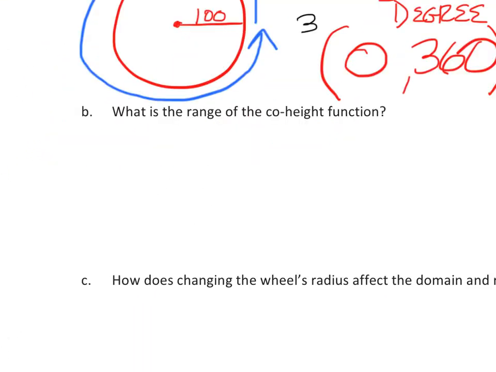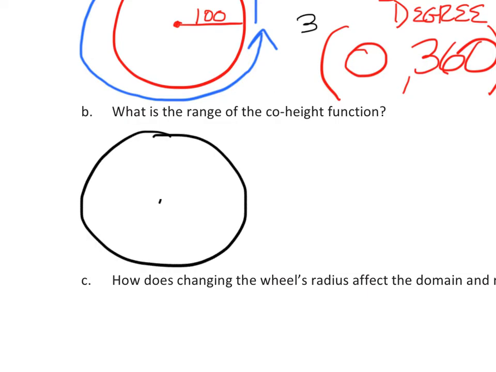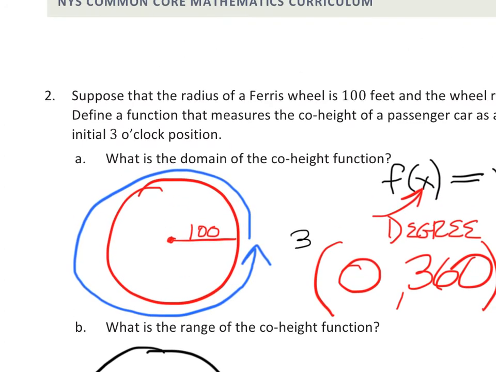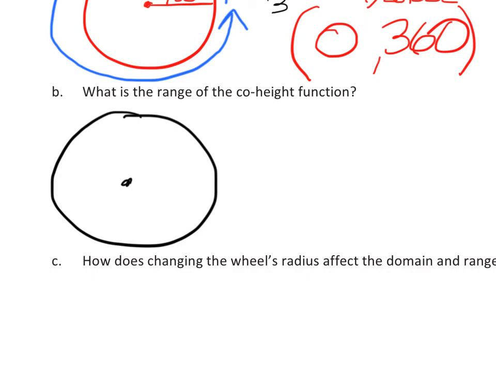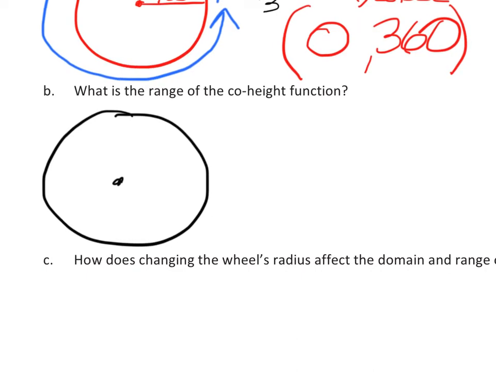What is the range of the coheight function? Look at your wheel, and I will redraw it again. Here is the Ferris wheel, and it said up here in the directions that the radius of the Ferris wheel is 100 feet. So if it's 100 feet for a radius, we need to generate the coheight function. In other words, we start at a certain amount and we can go back to another amount, or what is our least amount up to our highest amount.